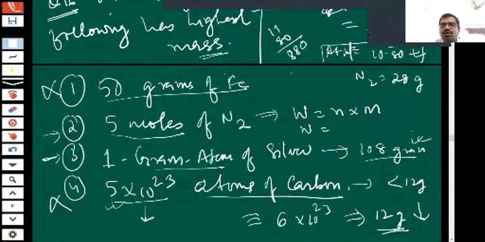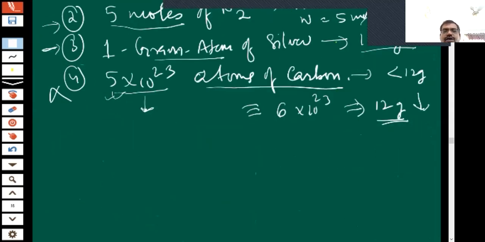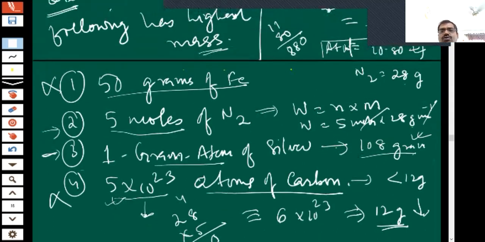So W equals how many moles? 5 moles into 28 gram per mole. So mole and per mole are cancelled. 5 into 28. Now let us solve it. 28 into 5. 8 5 is 40, 0, 4. 5 to the 10. 140.